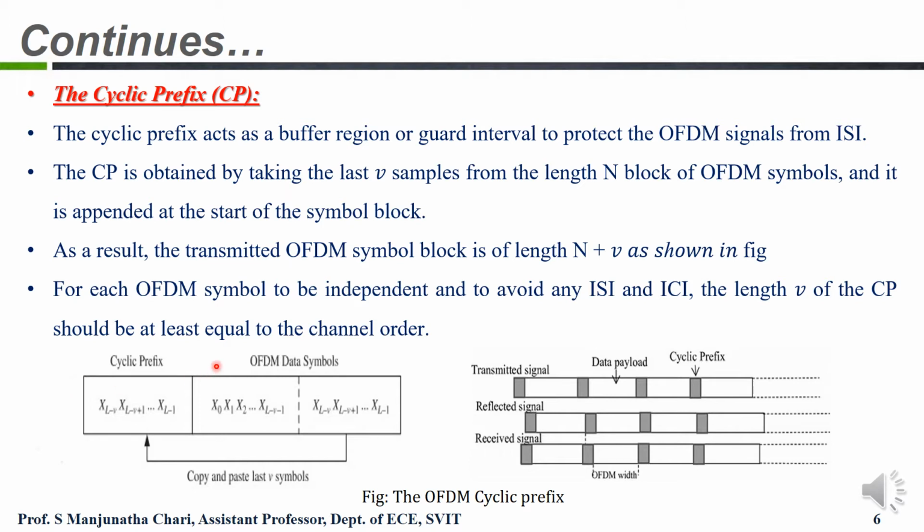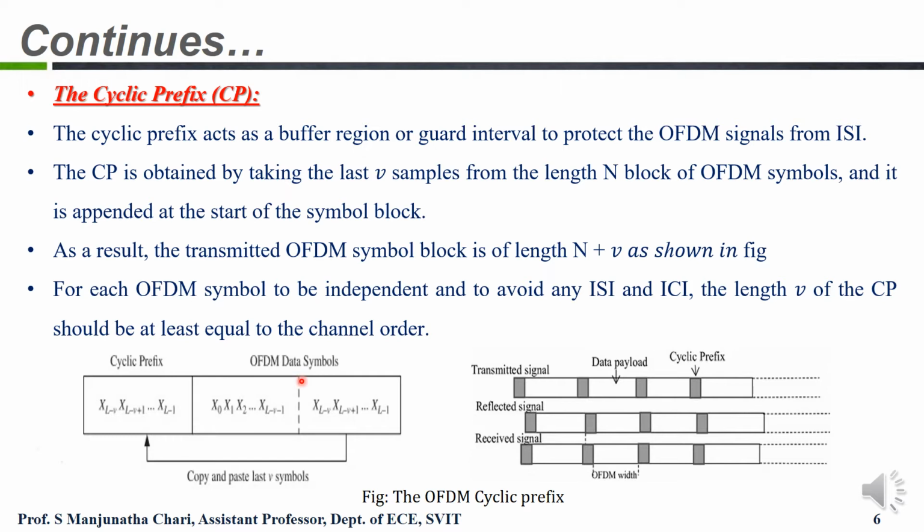As we discussed in the last slide, OFDM data symbols will have a length of L bits. This is the OFDM data symbols. Here we are going to take V symbols from those L symbols.